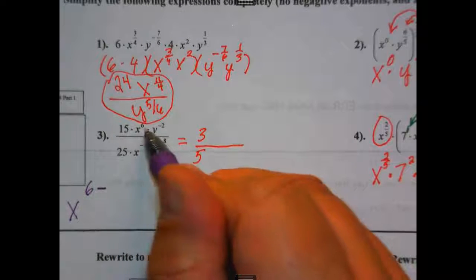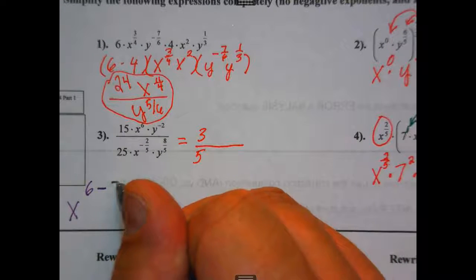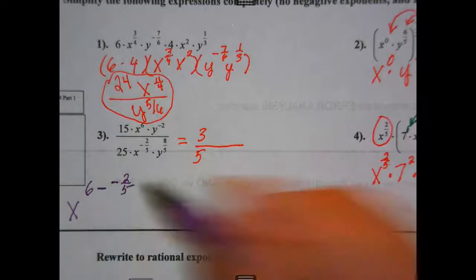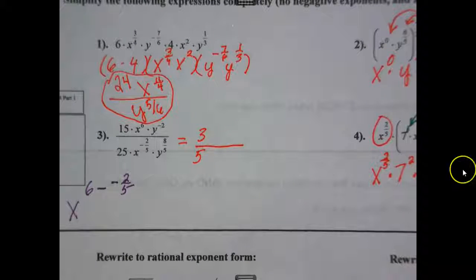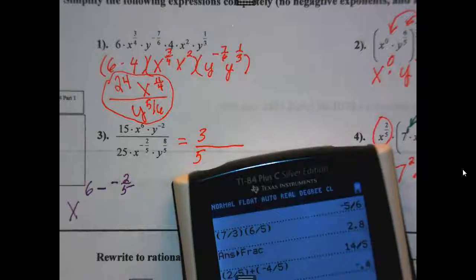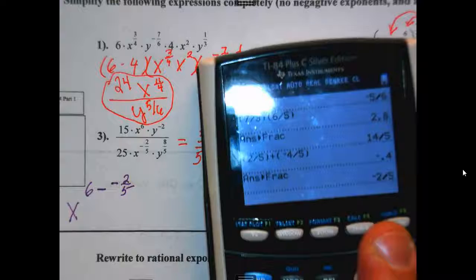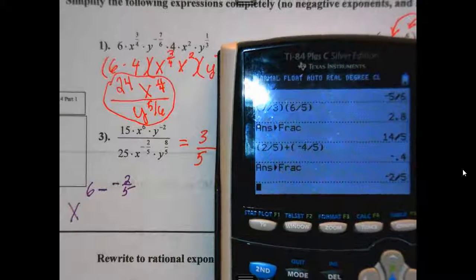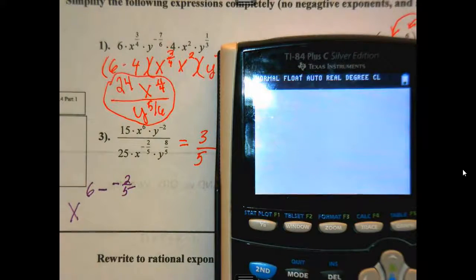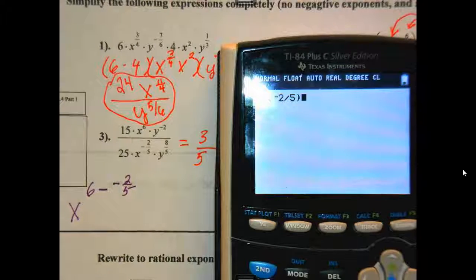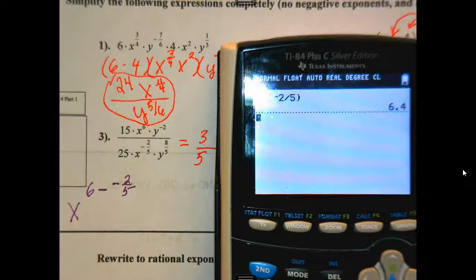So 6 minus a negative 2/5 equals, math, enter. 32/5.